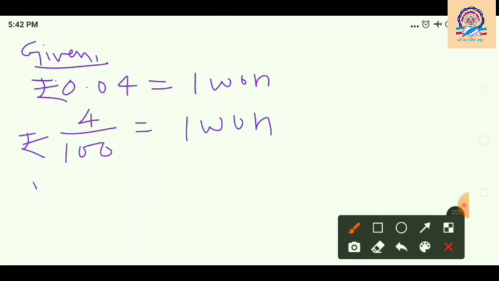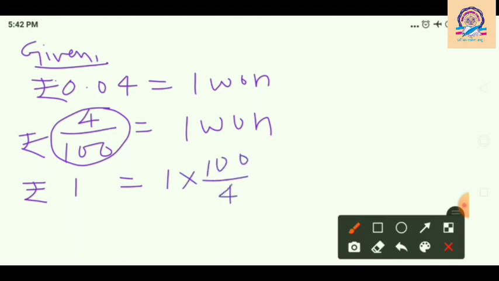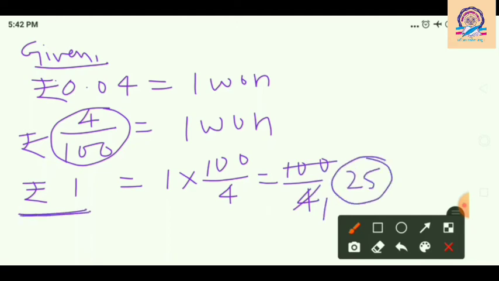Now we can write that 1 rupee will make how much won? Means now this number, 4 upon 100, we have to interchange to the right side, and when we interchange to the right side, its reciprocal number we have to write. Means it will be 1 multiplied by 100 upon 4. So it will be how much? 100 upon 4. So it will be 4 1 ja, and 4 2 ja, 4 5 ja 25. So we got that 1 rupee makes 25 won.